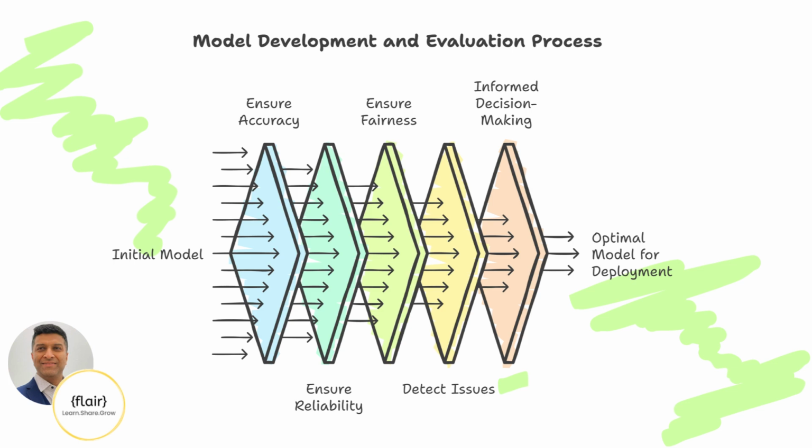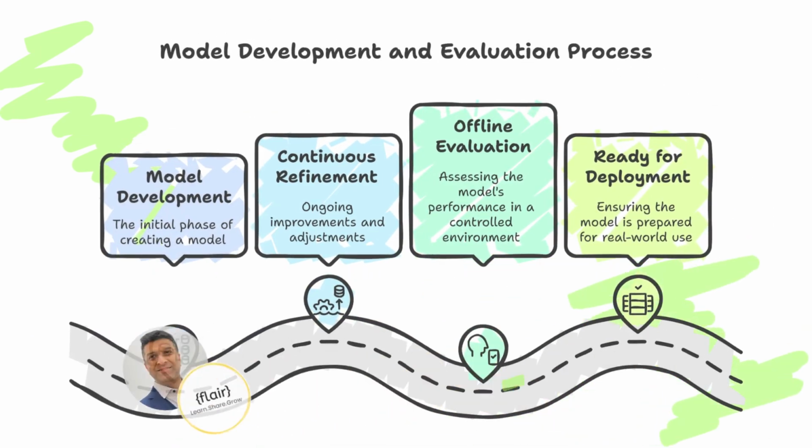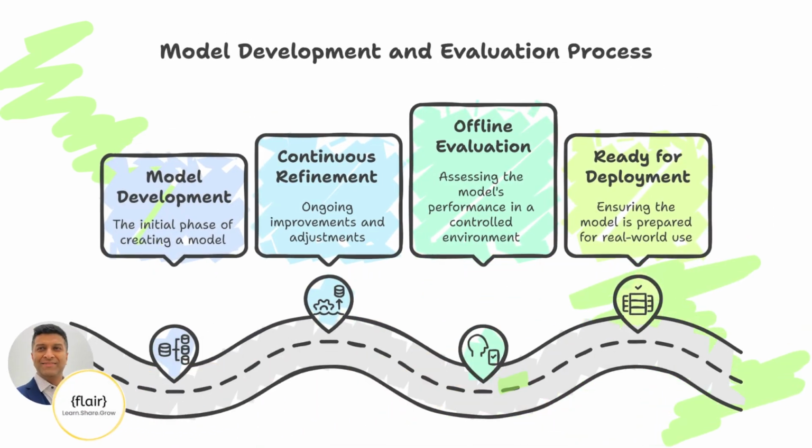It's all about avoiding surprises and ensuring the model works well across different conditions. At the end of the day, model development is an iterative process that requires constant testing and refining. And offline evaluation, it's absolutely crucial for making sure your model works as expected and is ready for deployment.